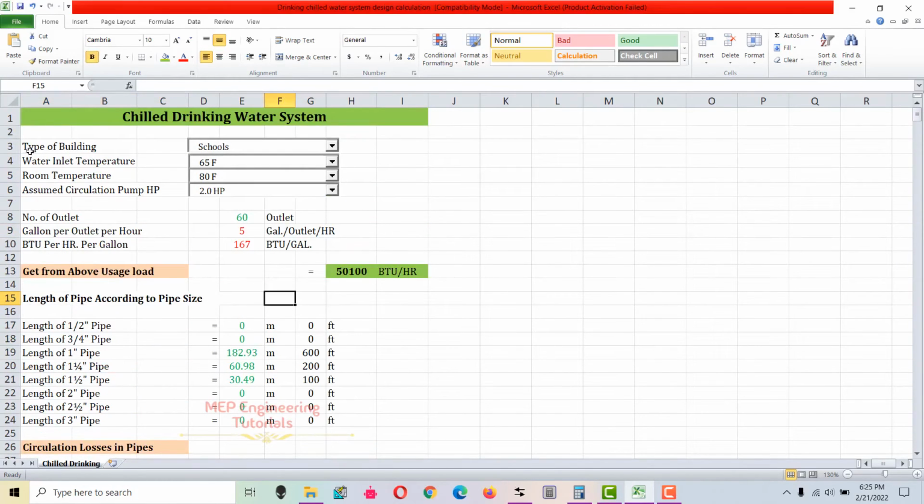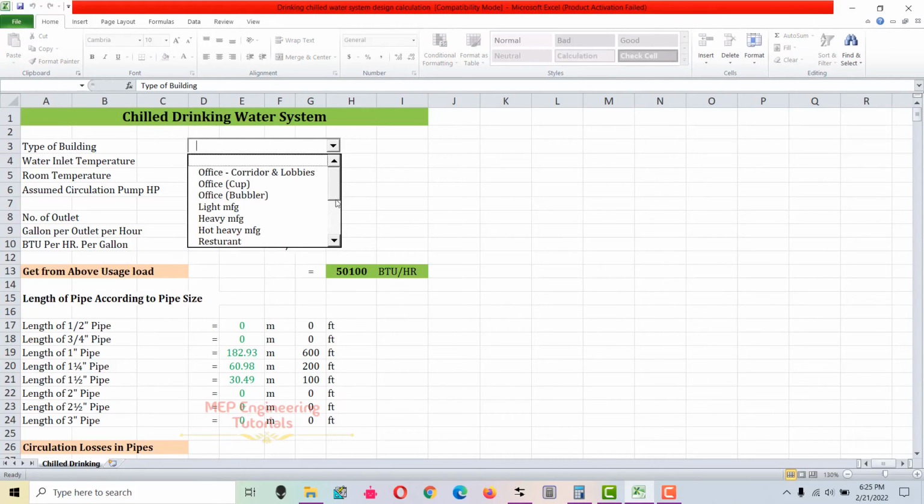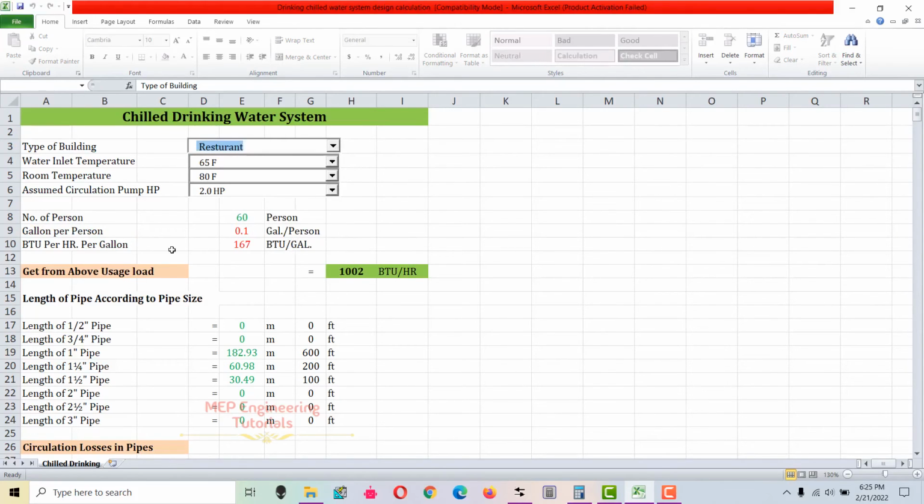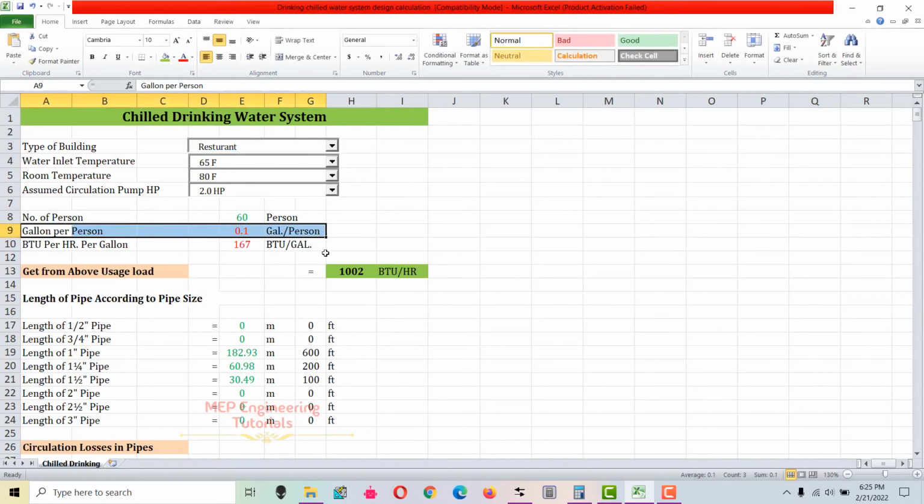First of all, you have to determine the type of the building in which you are going to place this chilled drinking water system. So you have to select from here the type of the building. Based on the type of the building, if you select the restaurant, you can see the gallons per person is 0.1 gallon per person.